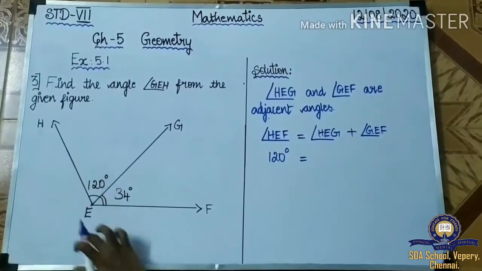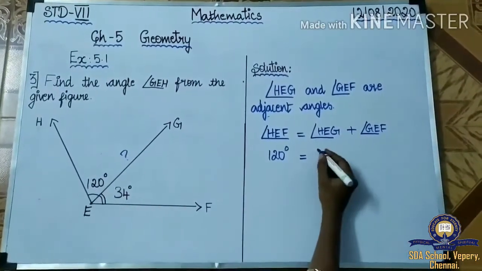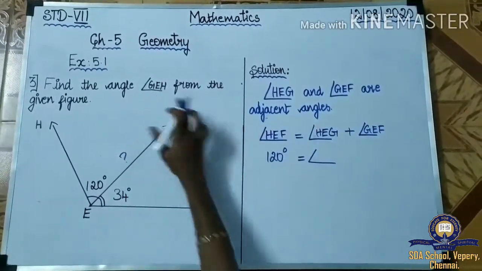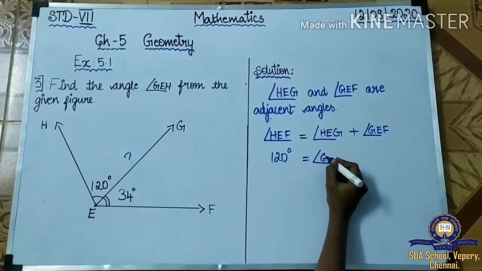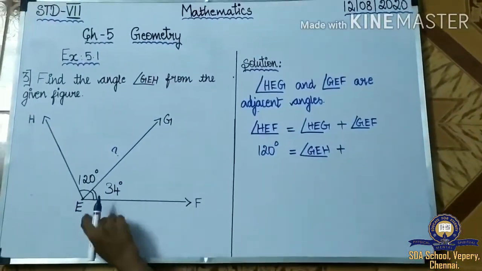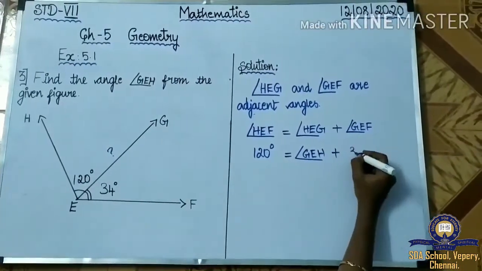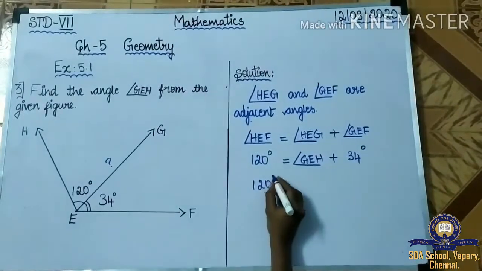Then HEG, we don't know, right? So this is what we are going to find. So you write it as, see, HEG is nothing but GEH, plus angle GEF, which is 34 degrees. You write 120 as it is.